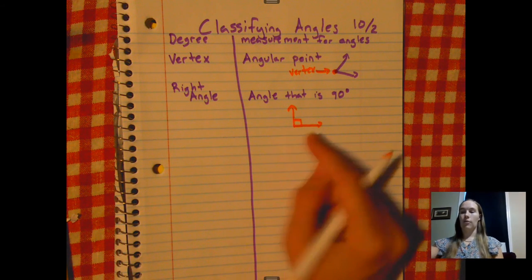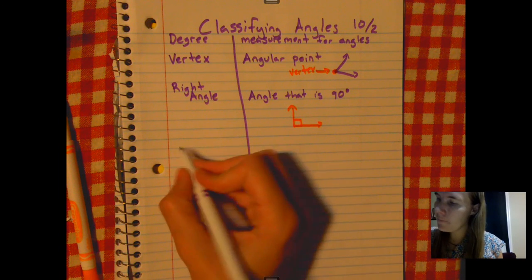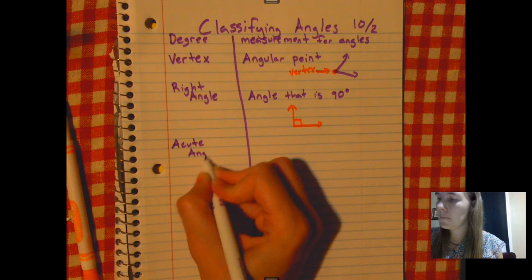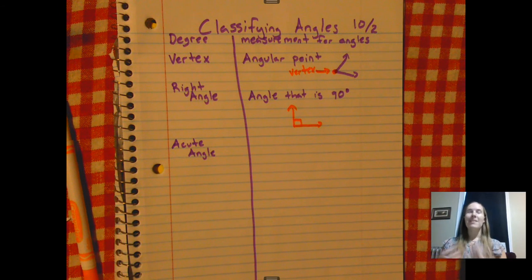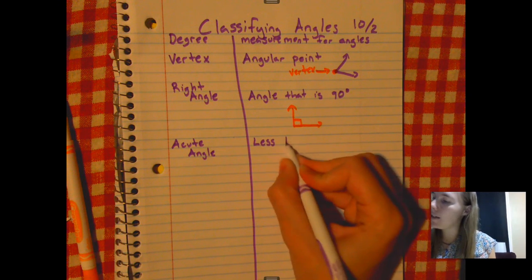This is 90 degrees. The next angle I want to talk about is the acute angle. And an acute angle is cute. I like to think that because it is less than 90 degrees.